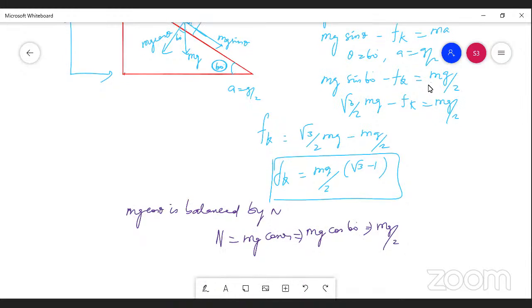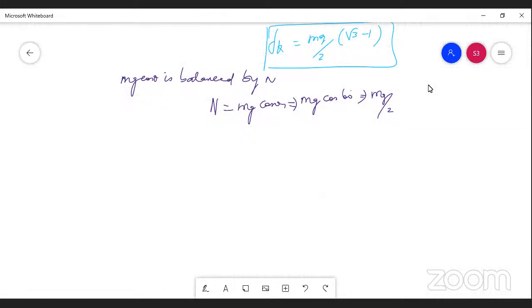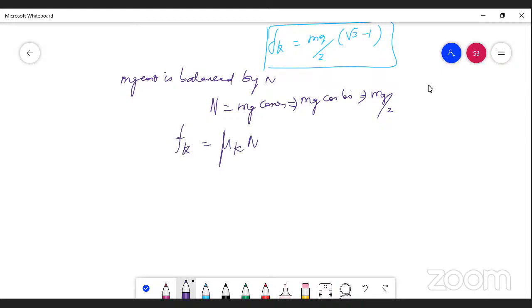We are speaking about the kinetic friction value here. So the kinetic friction can be represented as Fk equals mu k into N. We need to calculate the coefficient of kinetic friction mu k. So mu k is equal to Fk divided by N. What is Fk here?